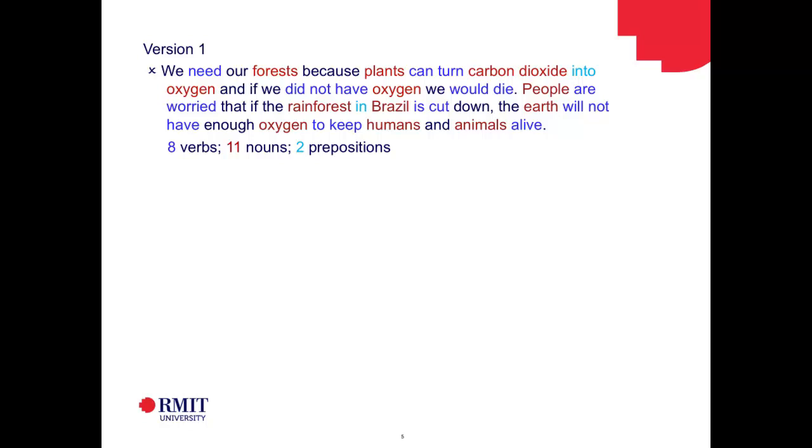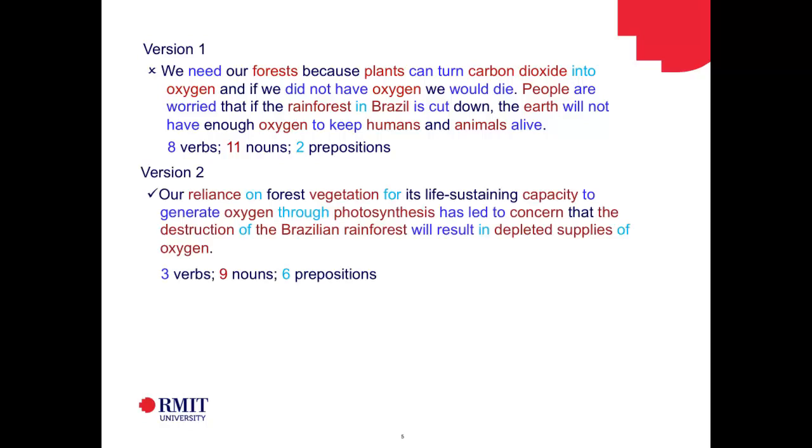So the first two statements here include a lot of verbs, a lot of action words, yeah? And there's also repetition in the sentences. We've got repetition about oxygen, repetition about humans and their health.